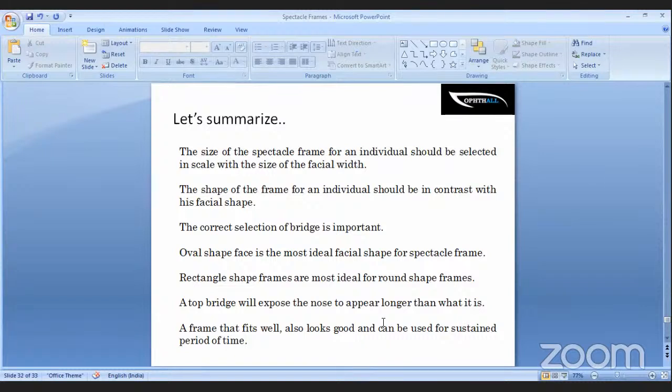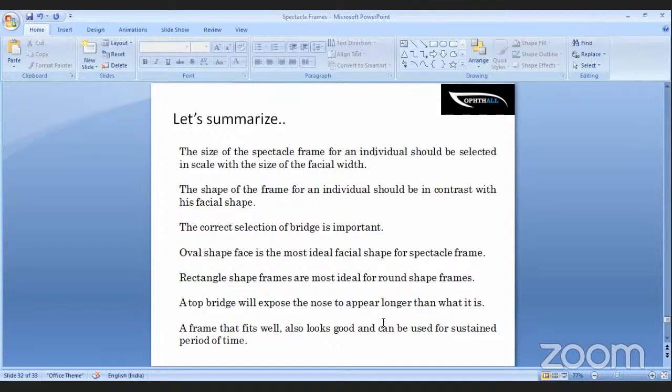So ideally, one size larger should be selected for kids, and ideally round or oval shape should be preferred compared to narrow rectangular shapes, so that the kid always looks through the center of the lenses.